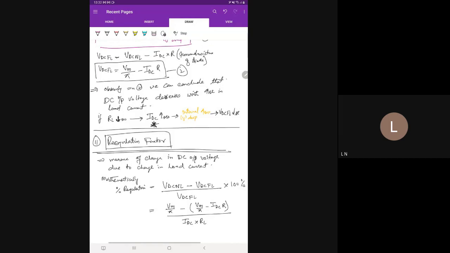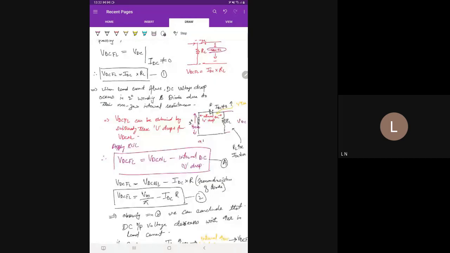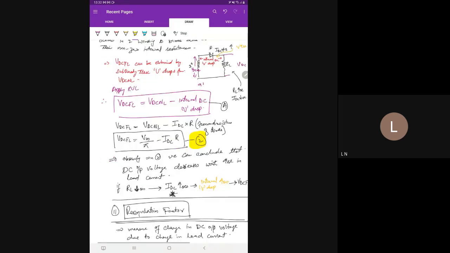Now see, we have two equations for VDC full load, equation 1 and equation 2. Both of them give us VDC full load, so we are using both equations here.